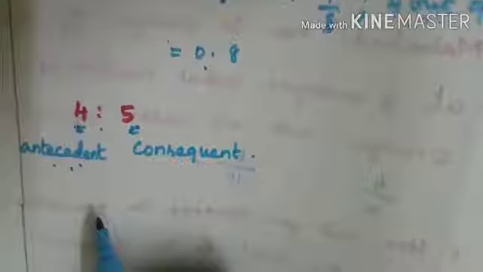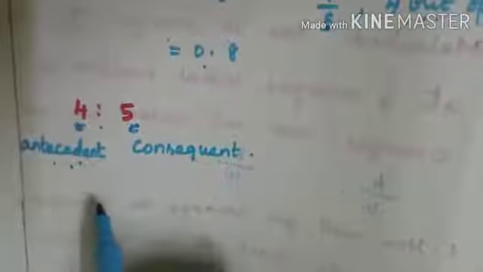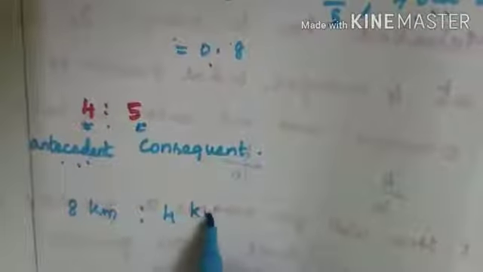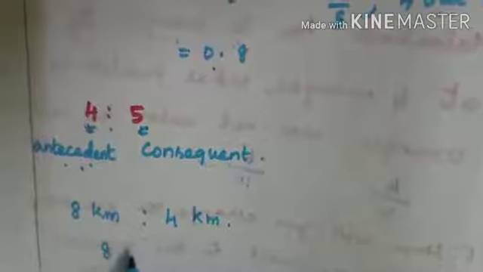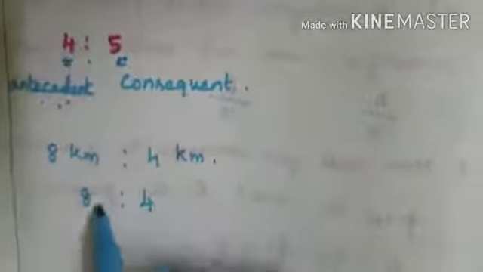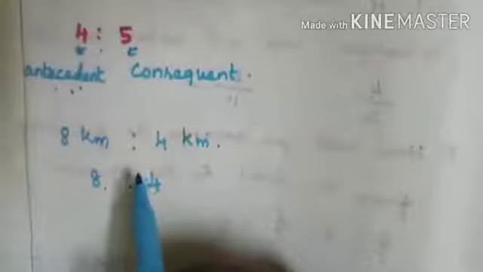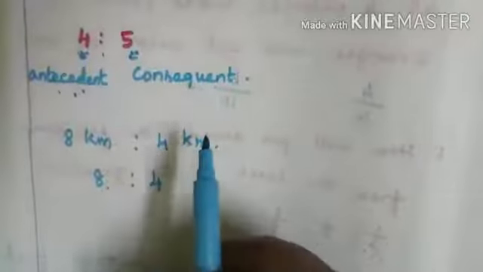Now we have the properties of ratio. A ratio has no unit. For example, 8 kilometer to 4 kilometer is written as 8 is to 4, and we don't need to write the kilometer, but the quantities must be of the same kind.